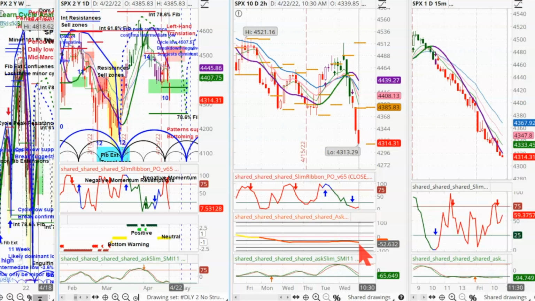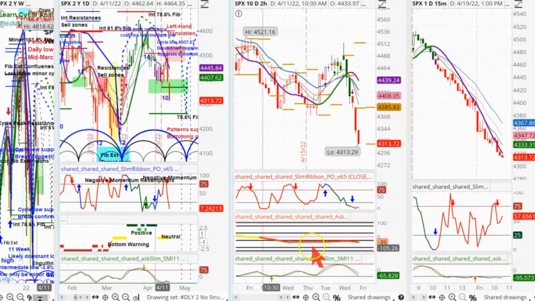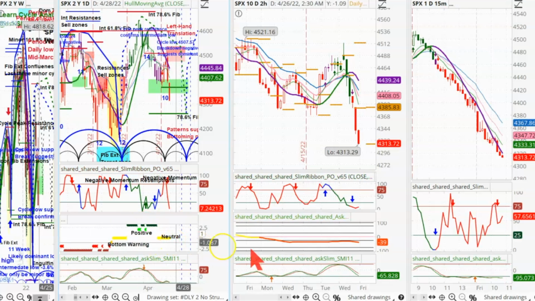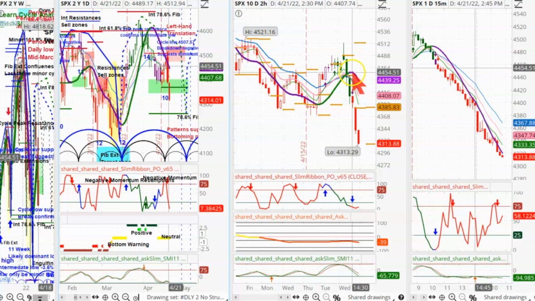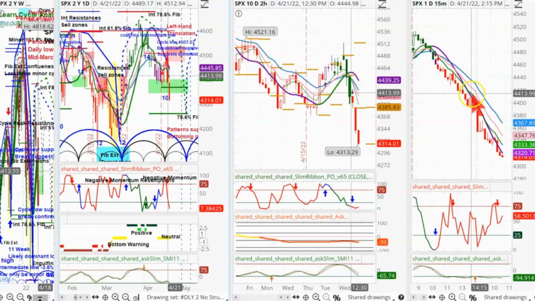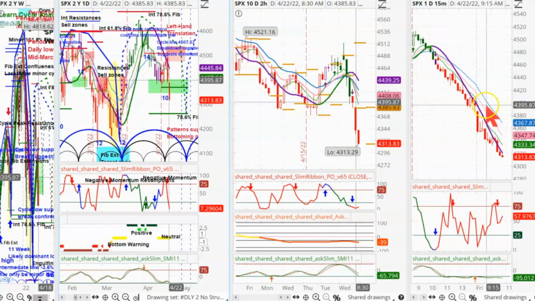So these are our proprietary indicators: the slim ribbon PO, the market condition indicator right here, the option bias indicator, all of those extremely important. The 2-hour right over here is turning down and giving you a warning. When the 2-hour and the 15-minute are coming down together is when you have the greatest impulses on the downside, and that's what you see going on.